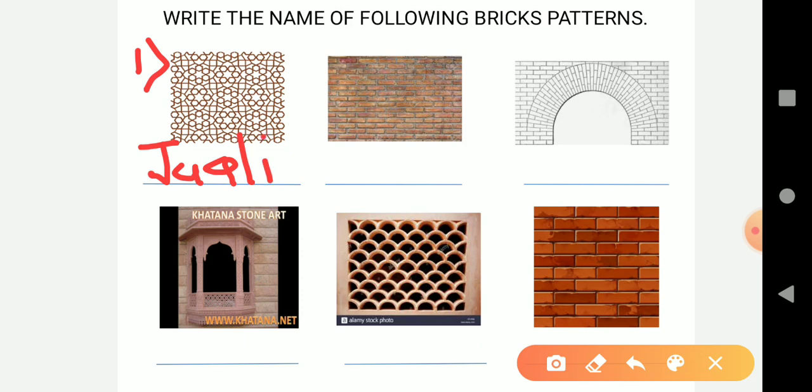Jali pattern. Very good. Now my next pattern, it looks like a wall. So we write wall pattern for it.